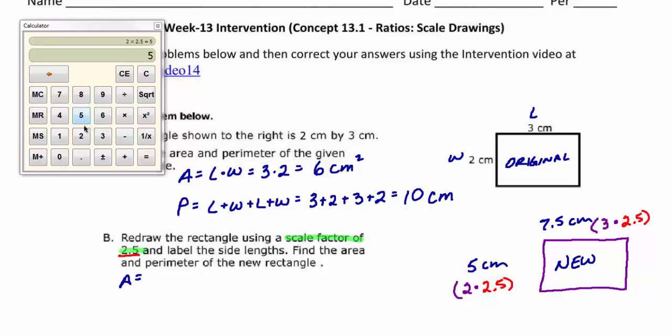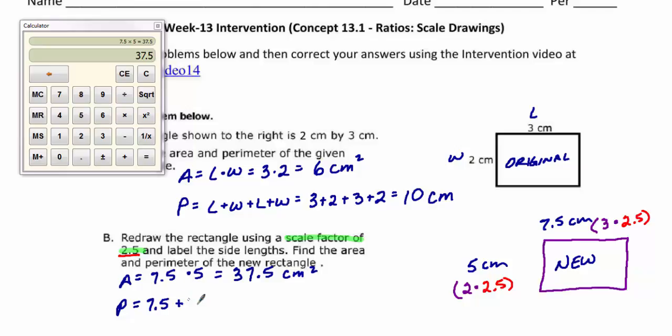And for that new figure, we're going to do the same thing. We're going to find the area. It's going to be 7.5 times 5. So 7.5 times 5 gives us a new area of 37.5 centimeters squared. And we're also going to find a new perimeter.